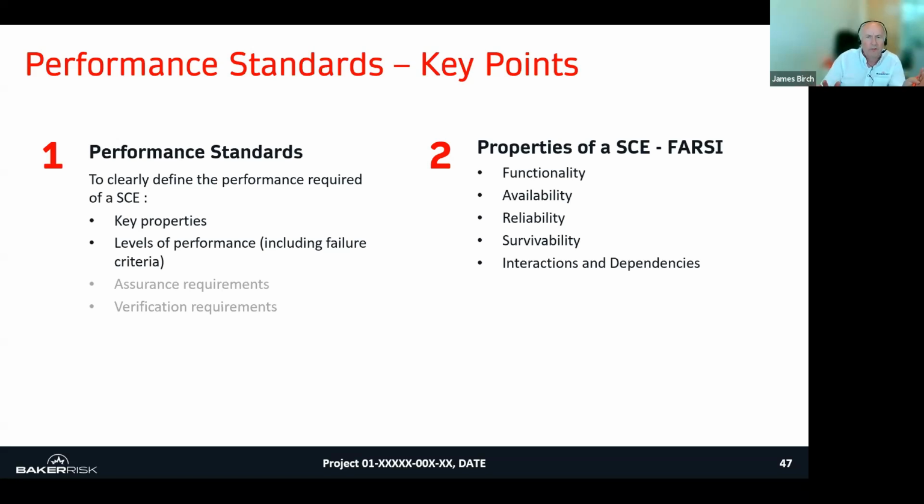So each one of our SCEs is going to need a performance standard which sets out the basis for our maintenance and testing system. And that's the one I'd like to go on and talk about now.